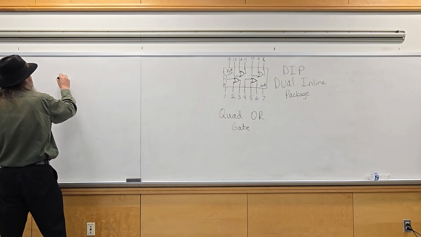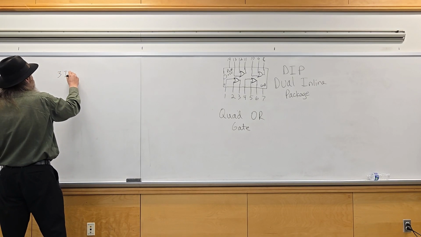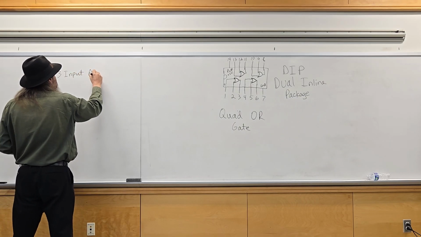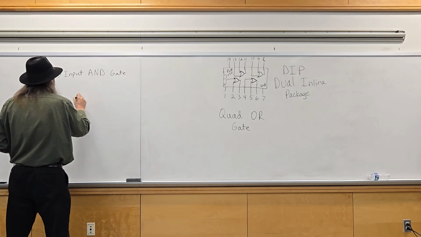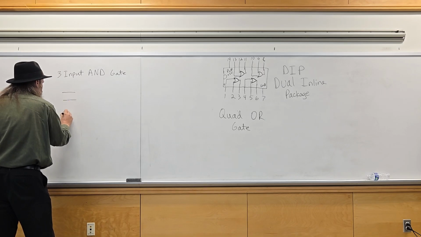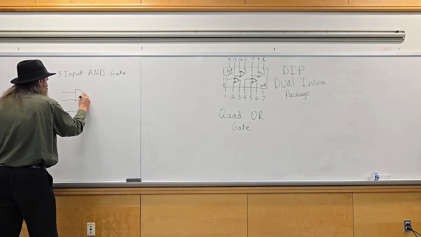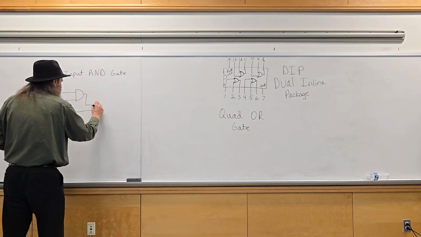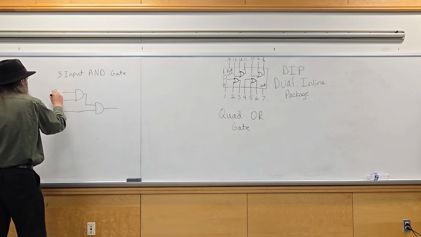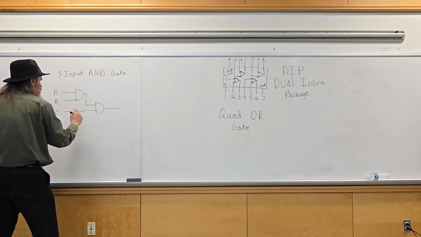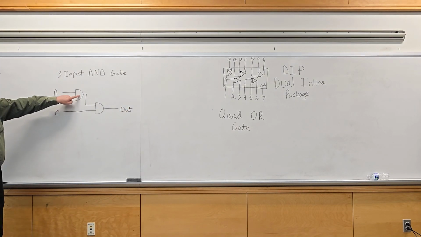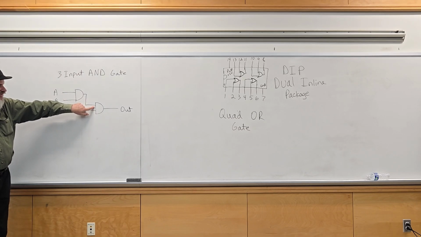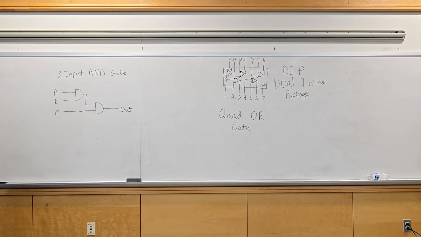For example, a 3-input AND gate can be created by stringing the output from one AND gate to the input of the next AND gate. Inputs can come from the output of another gate.